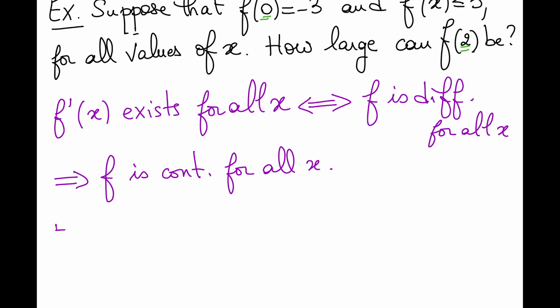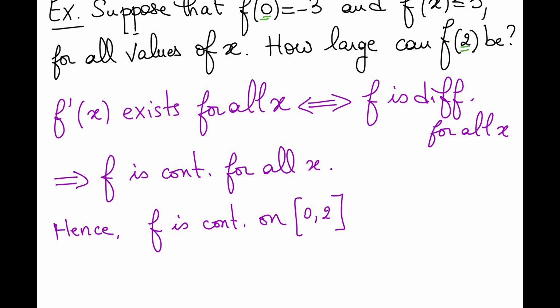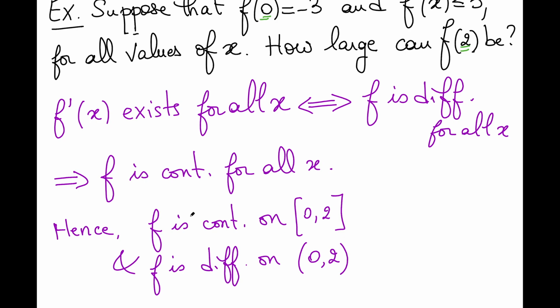So hence f is continuous on 0, 2, and f is differentiable on the open interval 0, 2. So the mean value theorem is applicable because you have that f is continuous on the closed and bounded interval and differentiable on the interior of that set.